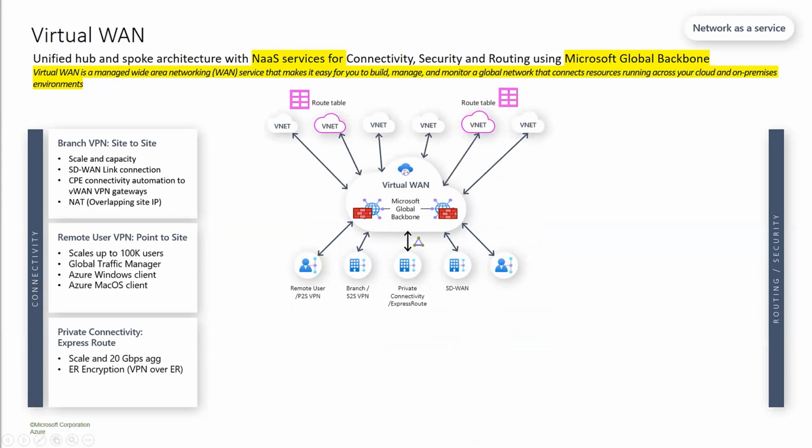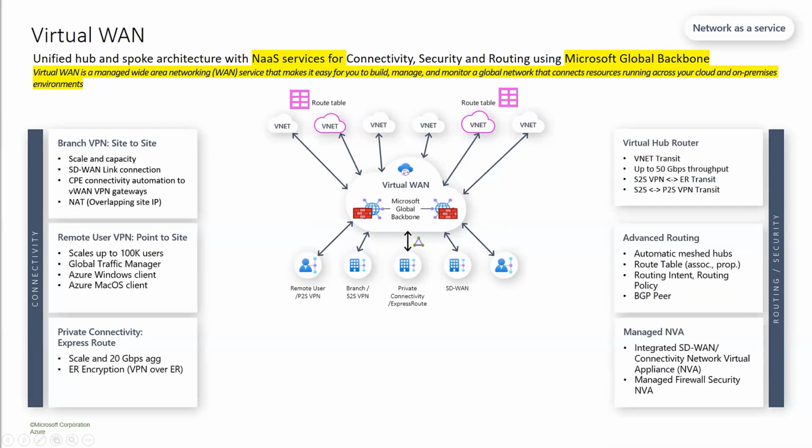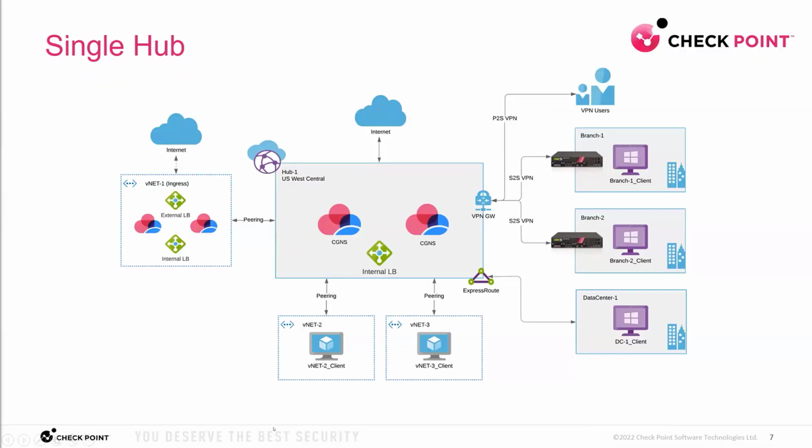And of course, VNets. So we can connect all of our VNets in the same region or in a different region to the virtual WAN. From a routing perspective, as I told you, we are going to use intent routing and inject the routes to all the peers.